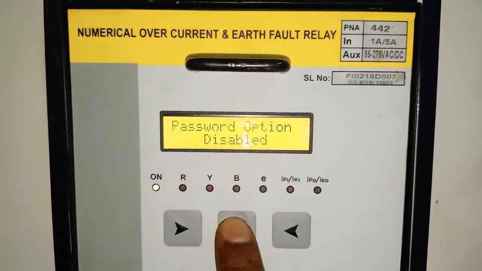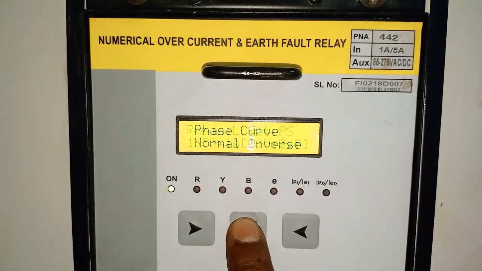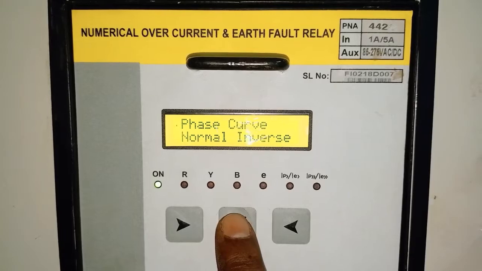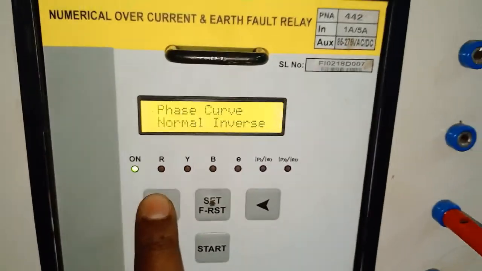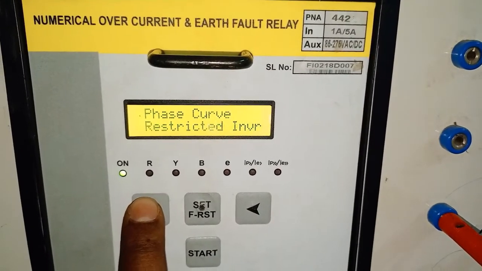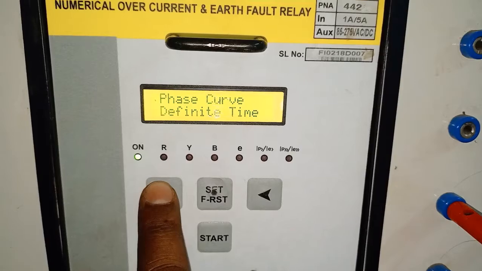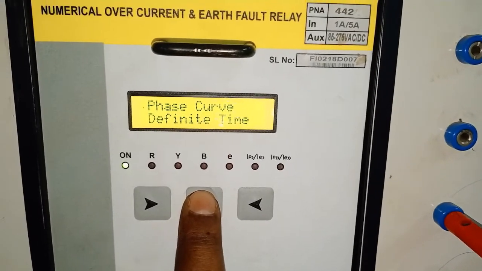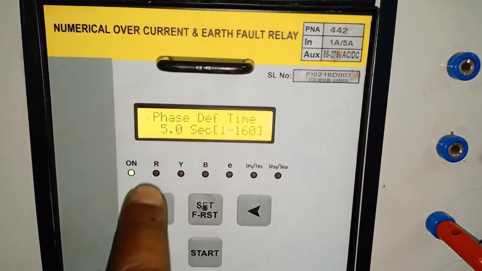You can skip some of the menus, and for this normal inverse you change it to definite time. If you set it for definite time, irrespective of the fault current, it will trip in 5 seconds.